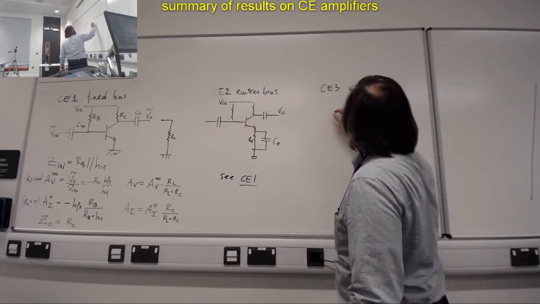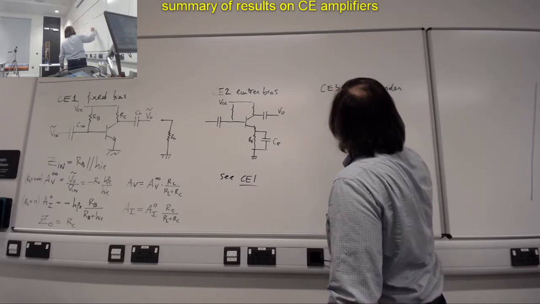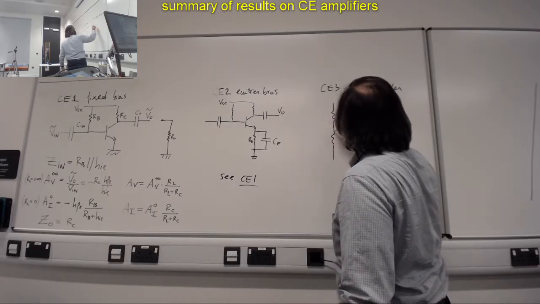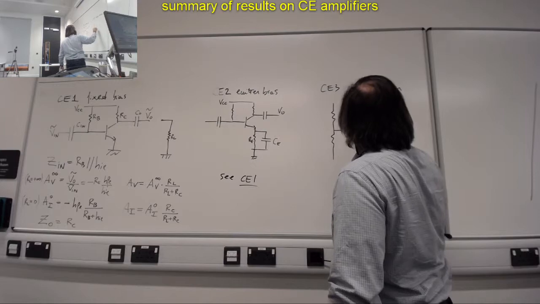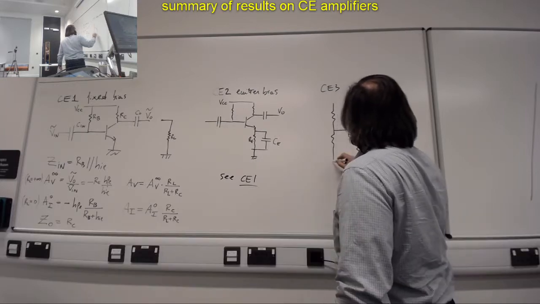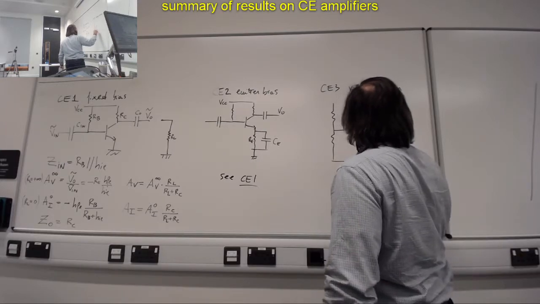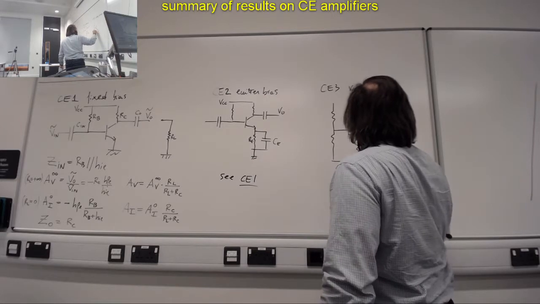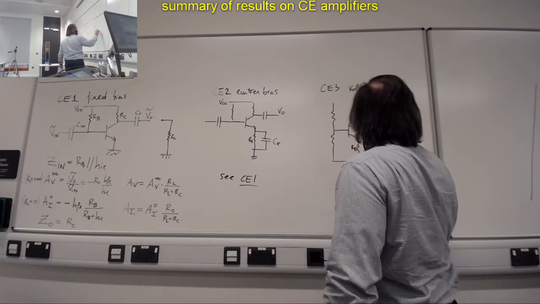C3 voltage divider. The configuration here, the circuit was this one here. Again, we have our emitter capacitor.